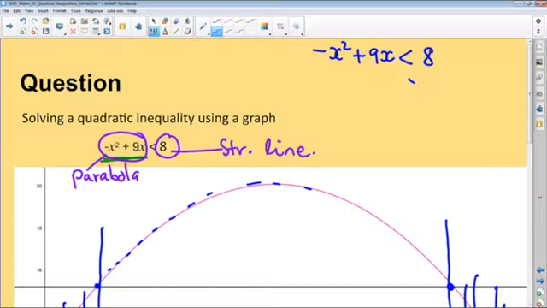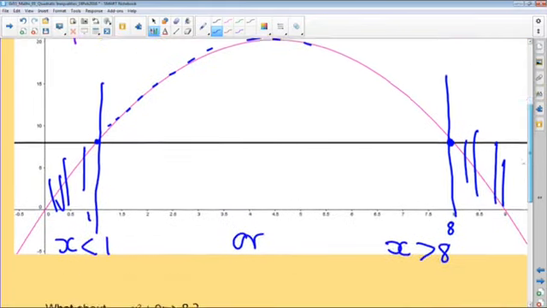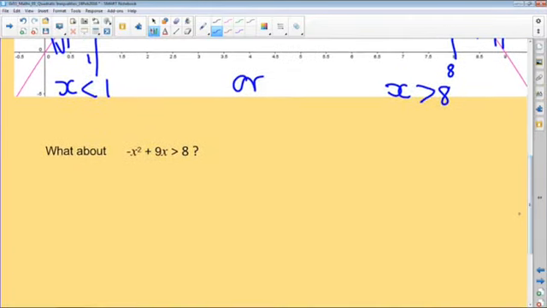So this will now be greater than. So you have x squared minus 9x, you take the 8 across, but when it's multiplied by that negative, you will have a plus 8, greater than 0. Now, this is x minus 8, x minus 1, greater than 0. All right, so now again, guys, draw the rough parabola sketch.